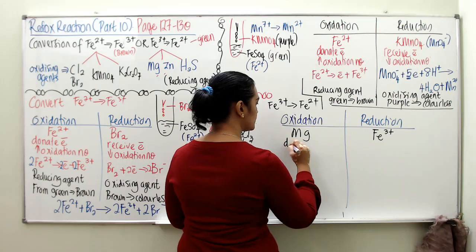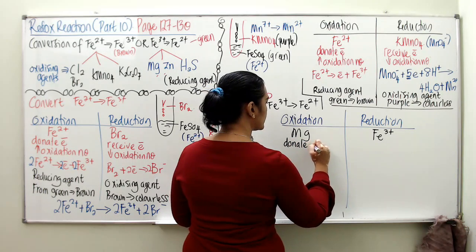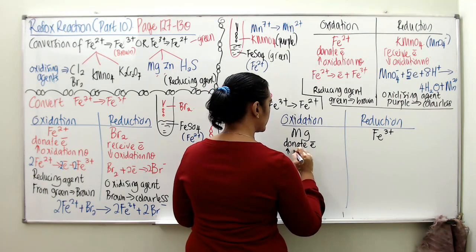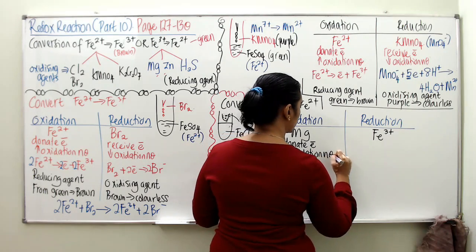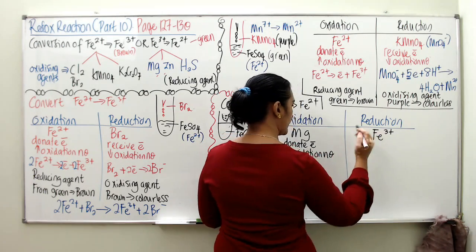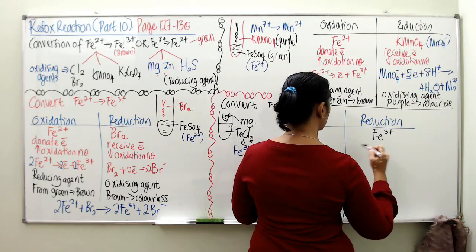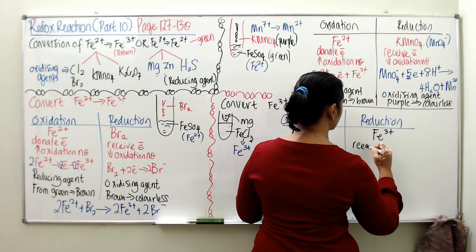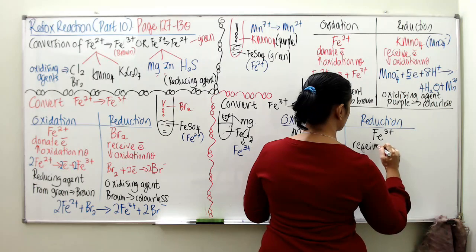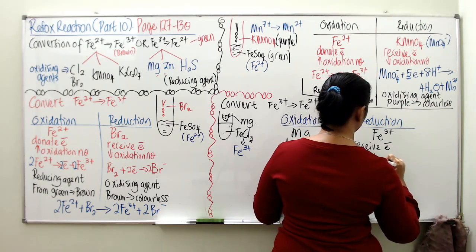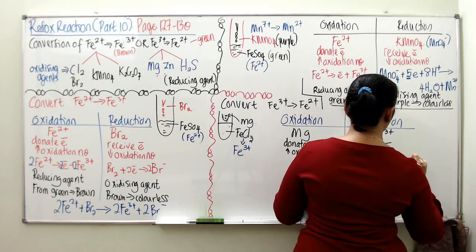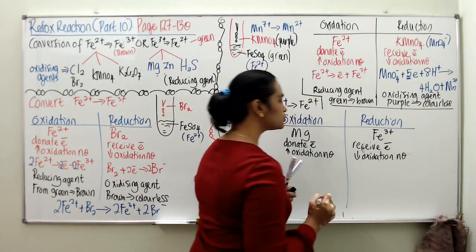So magnesium donates electrons to increase the oxidation number. Now let's look at iron. Iron 3 ion receives electrons and reduces its oxidation number.